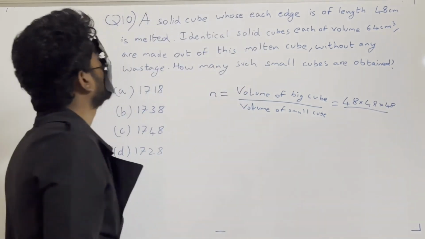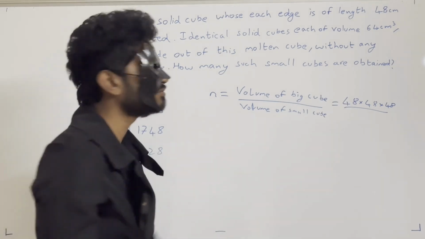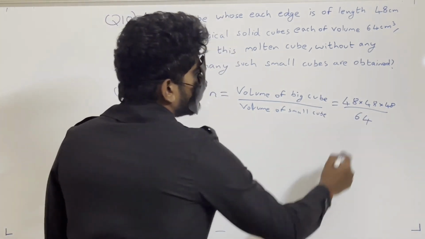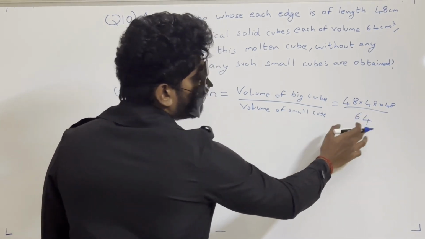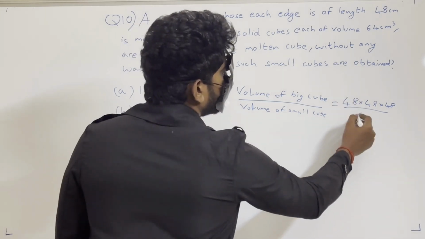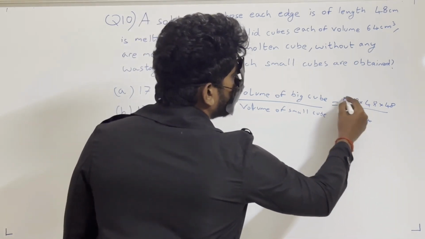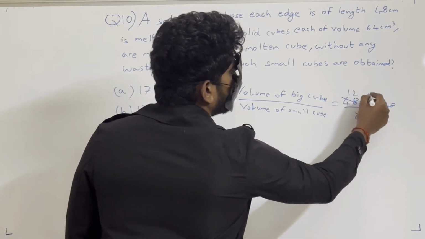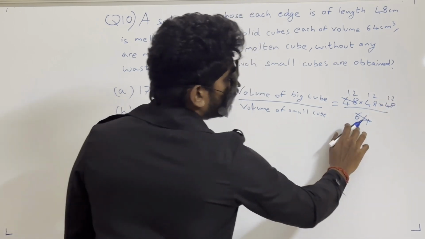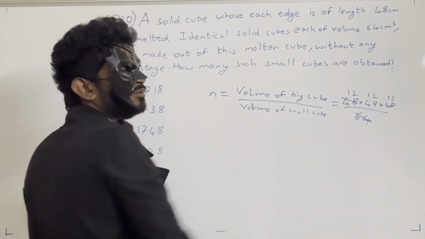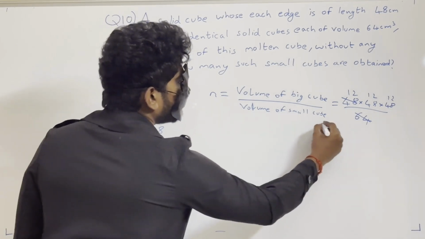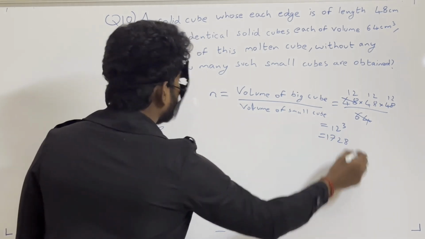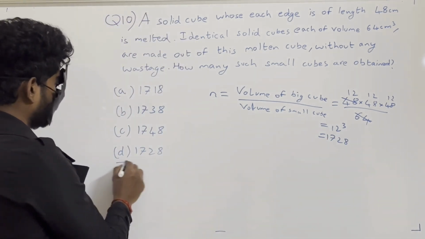Small cube volume is given to be 64 centimeter cube, this will be nothing but 64. 64 is nothing but 4 cube, so we can cancel each one with 4. 4 12s are 48, 12s are 48, 12s are 48. Here again this is nothing but 64 cubes, so the denominator will get cancelled out. This is nothing but equal to 12 cube. 12 cube is nothing but equal to 1728. So here option D is right.